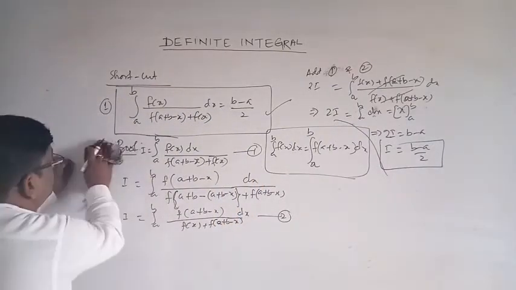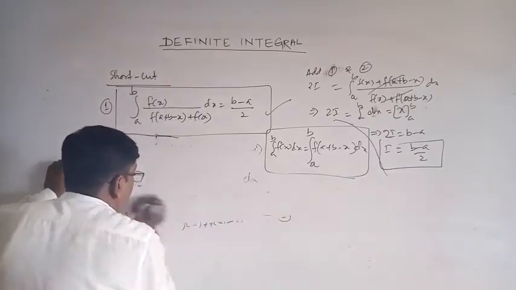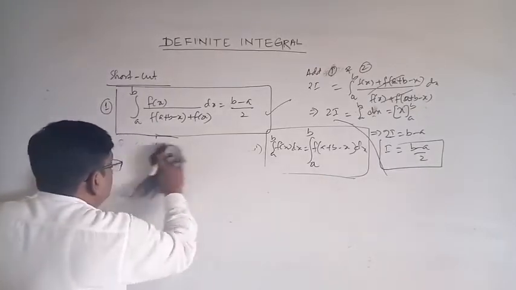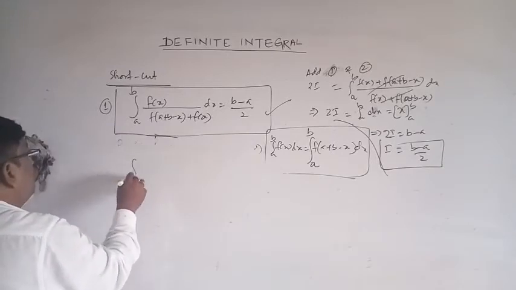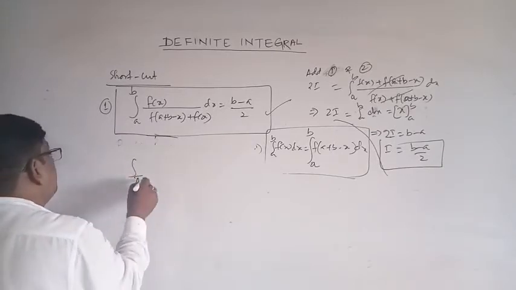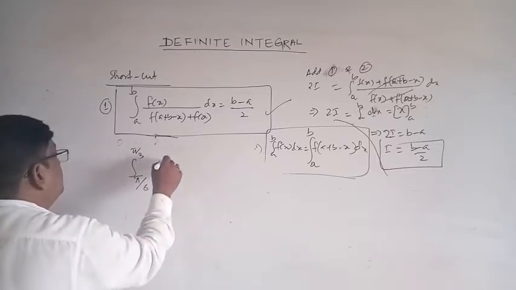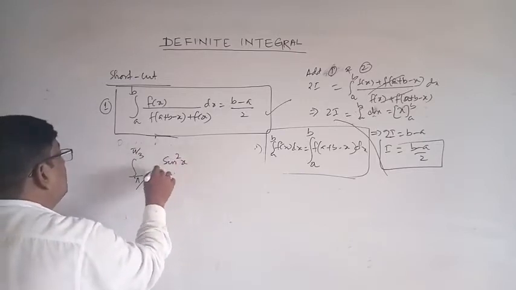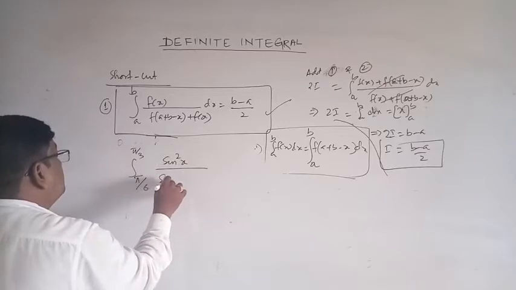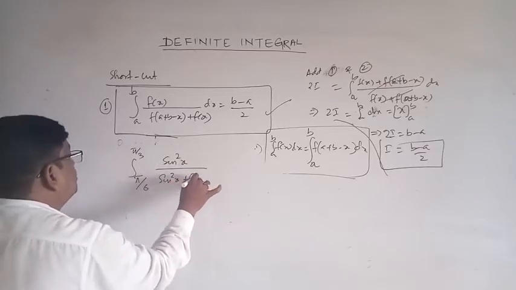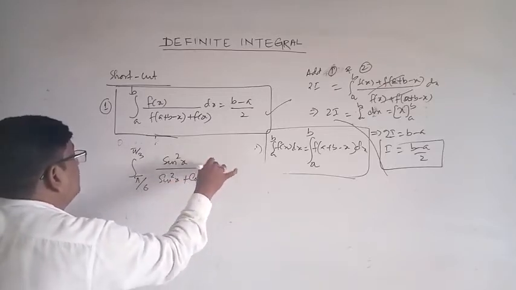For a 1 mark short question, suppose it is given the integral from pi by 6 to pi by 3 of sin square x divided by sin square x plus cos square x dx.